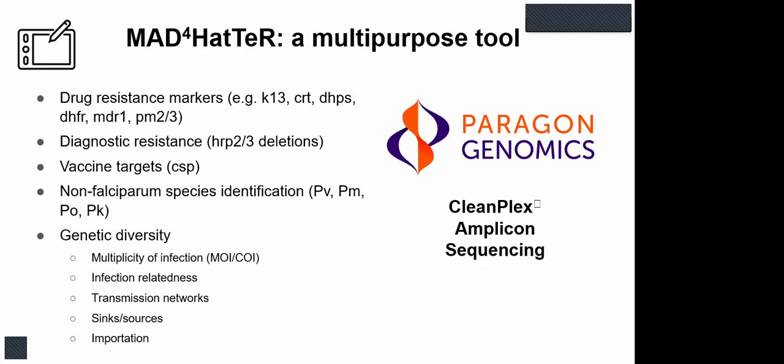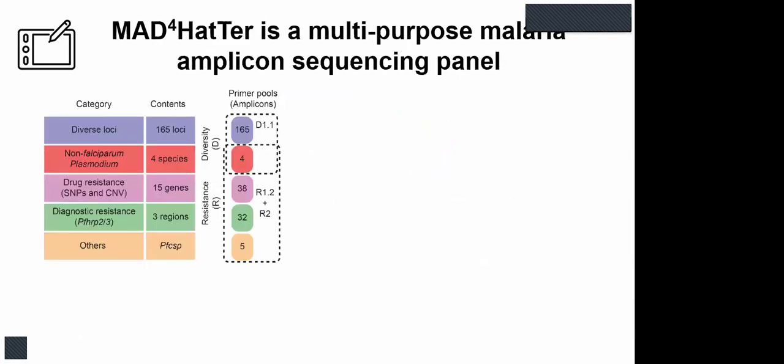So this tool called MadHatter and its wet lab panel was designed in collaboration with the Paragon Genomics company in the US, and we are calling it CleanPlex amplicon sequencing. So to go into details about the panel, it has diverse loci, about 165 loci for diversity.